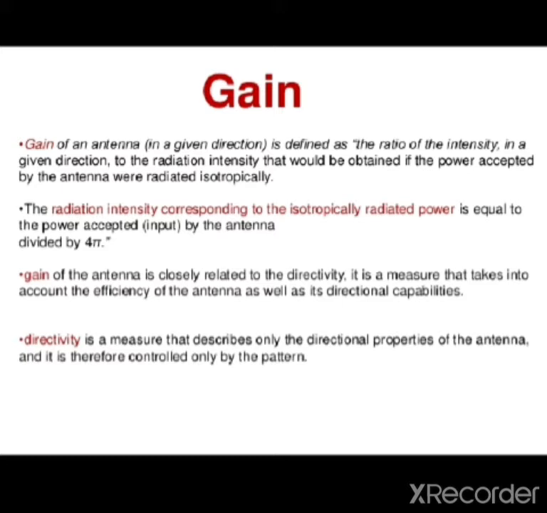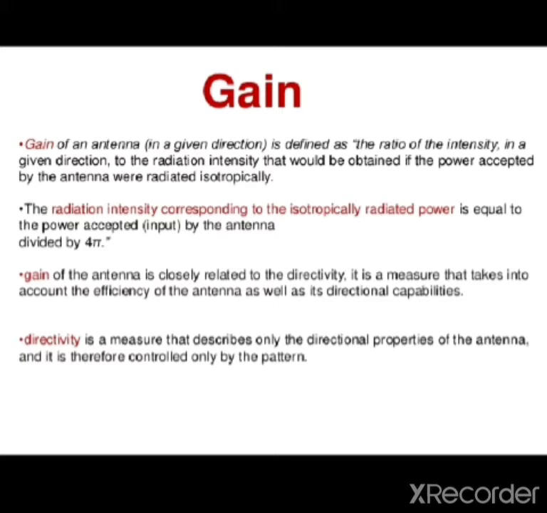Therefore, the gain of the antenna is closely related to the directivity. It is a measure that takes into account the efficiency of the antenna as well as its directional capabilities. That means only in one condition is the gain equal to directivity, which is the case of the isotropic radiator.